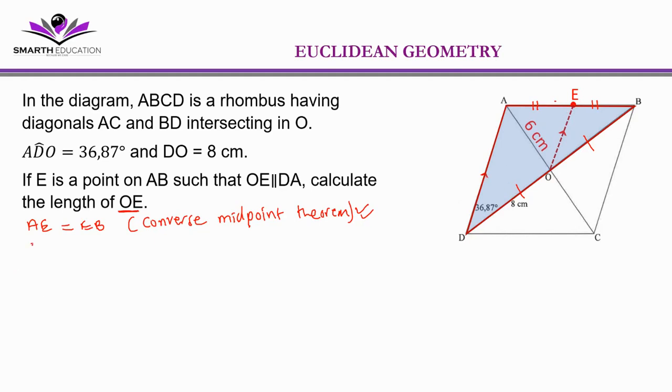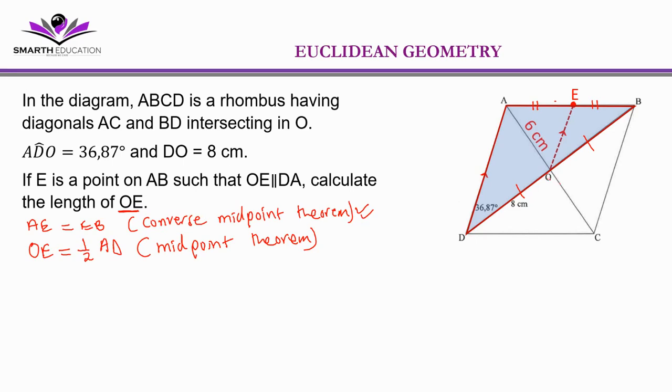So we can say OE is equal to half the size of AD. Why? Because of the midpoint theorem. Because we have concluded that E is the midpoint of AB and then O is the midpoint of DB. So we can use the midpoint theorem. What does the midpoint theorem say?